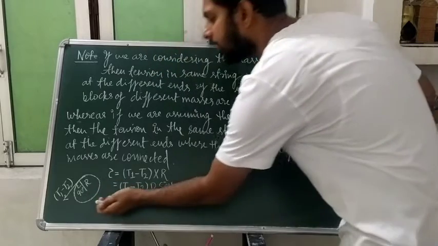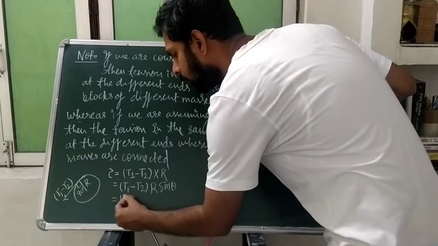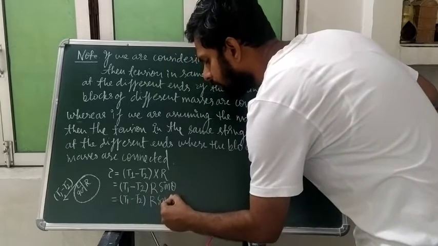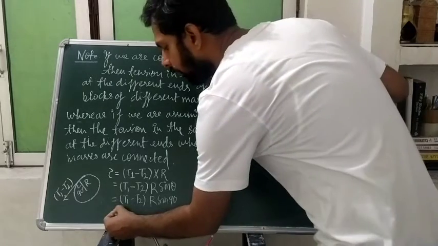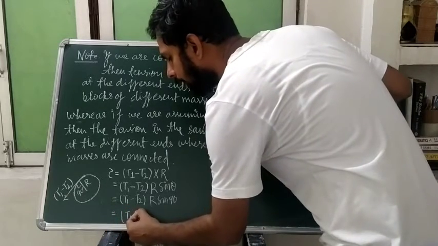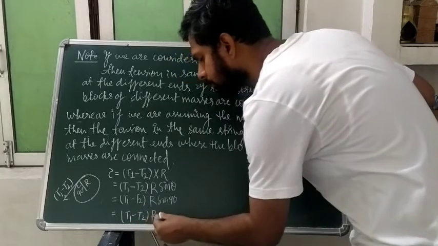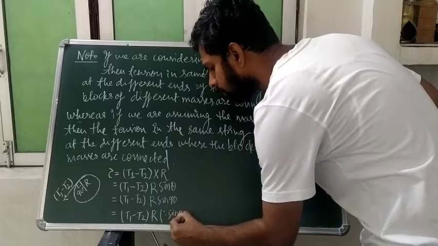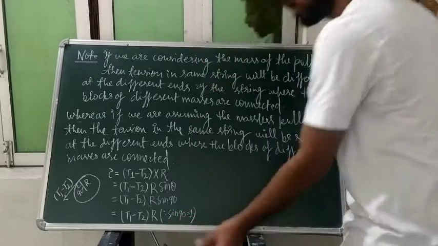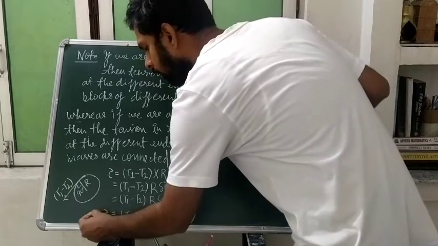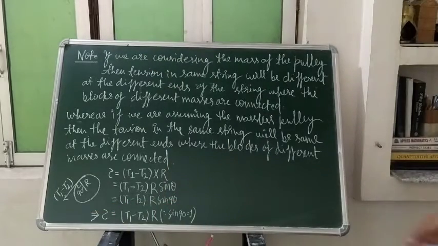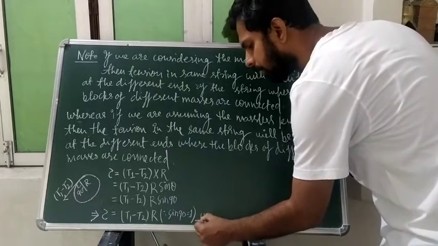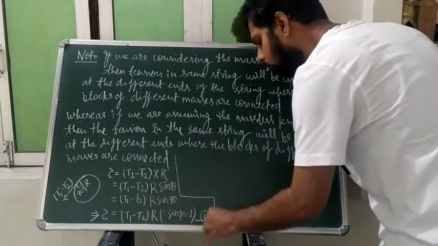So torque is T1 minus T2 times r sine 90, and sine 90 will be equal to 1 only, as you know from trigonometry. Suppose we call this equation number 1.